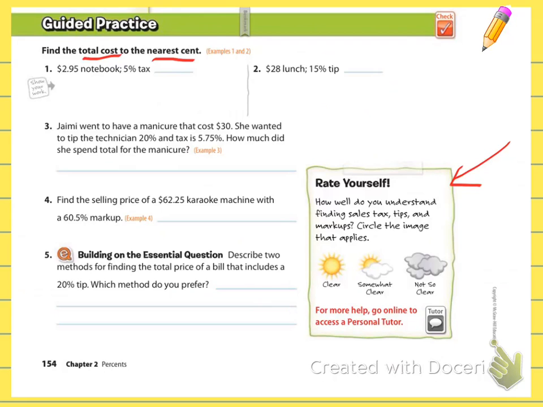And then in the final answer blank, please list the price of the total cost rounded to the nearest cent. Okay, you are doing numbers 1 through 5, and you need to show your work by telling me what goes into the calculator, and of course don't forget to rate yourself.